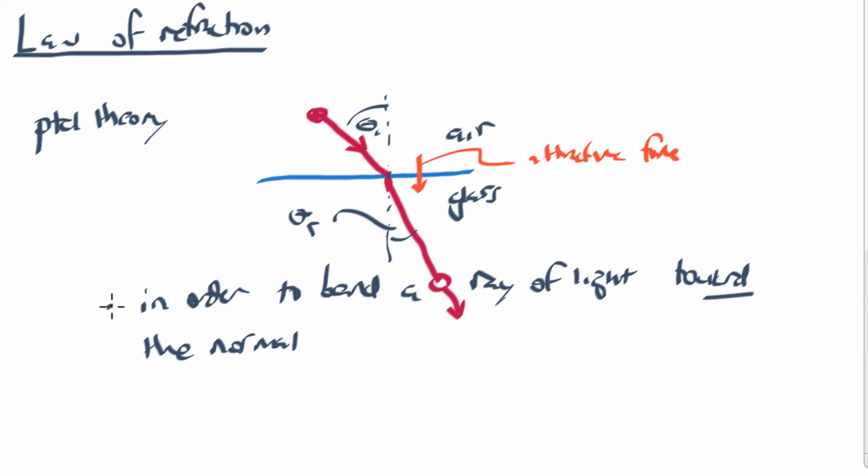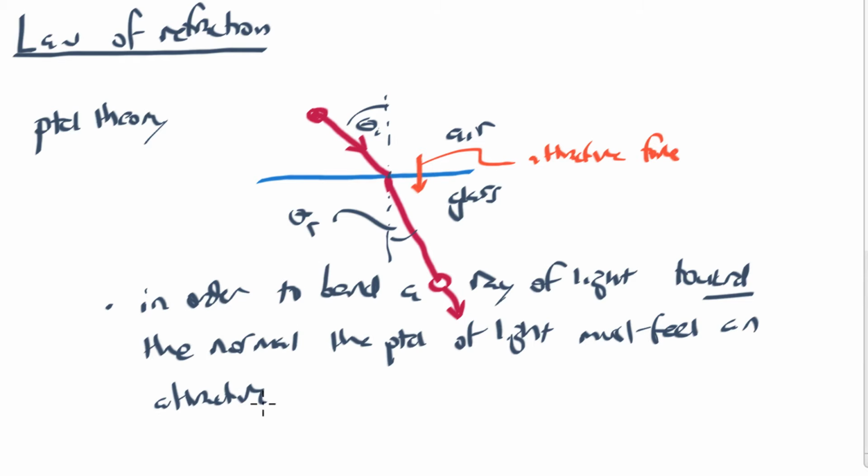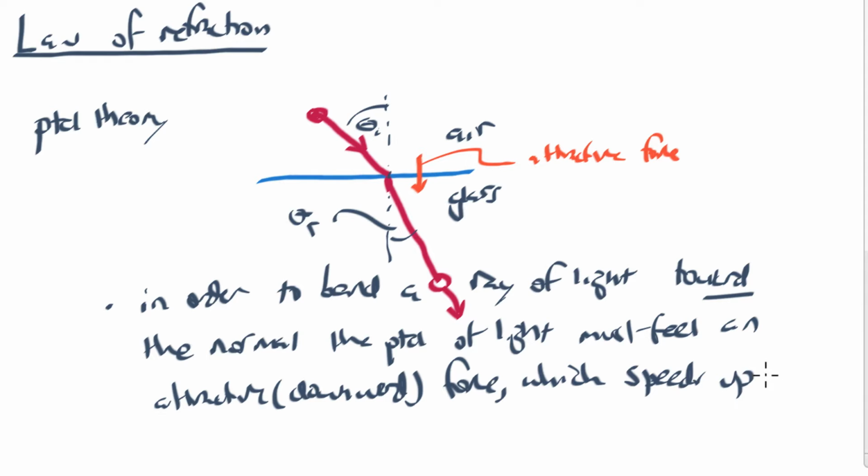In order to bend a ray of light toward the normal, the particle of light must feel an attractive force, and in this case that would be downward, which speeds up the particle. Because after all, it retains the same horizontal speed, but it acquires downward speed, so overall the speed increases.